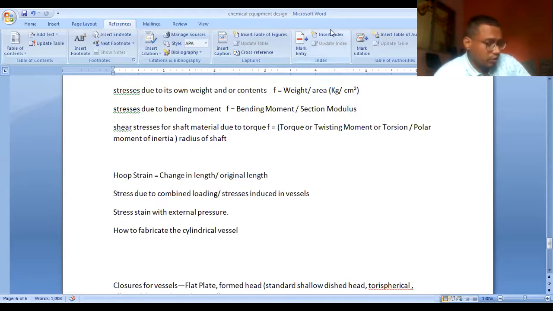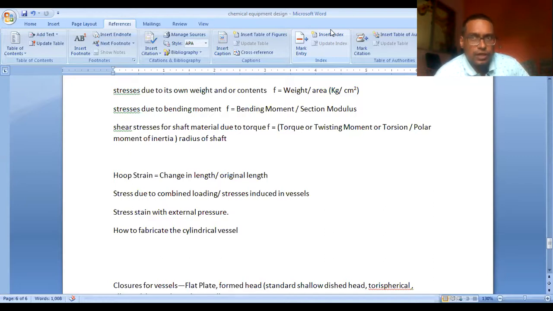So this is the design consideration. That means we have to calculate the thickness of a pressure vessel. When we design the pressure vessel, we are going to calculate the thickness by considering the stresses, the pressure in the vessel and the diameter of the vessel, plus you will require the joint efficiency and the corrosion allowance.